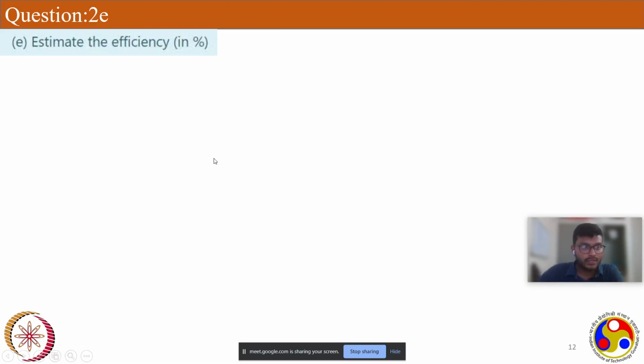So let's see the last question for today. We have to estimate the efficiency. So what is efficiency in any system? If we are supplying some power, we are generating some power, how much power is actually reaching the load side? How much power are we able to utilize from what is being generated? I'm talking in terms of power.